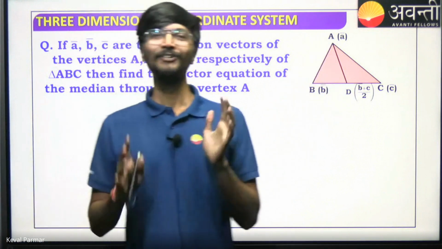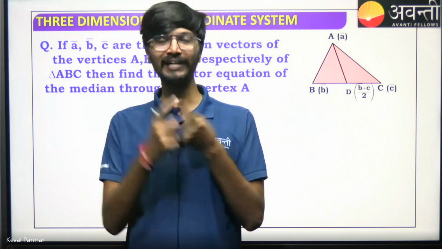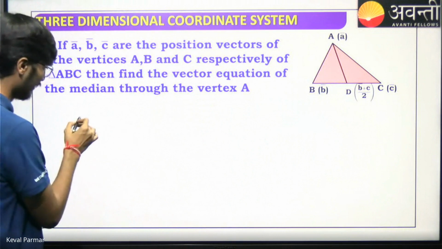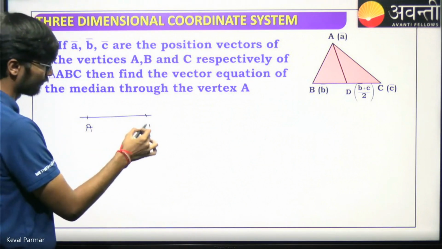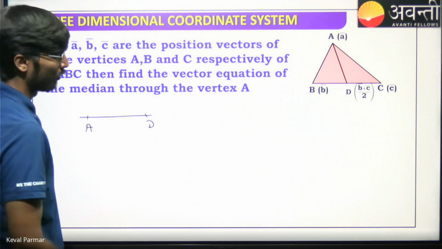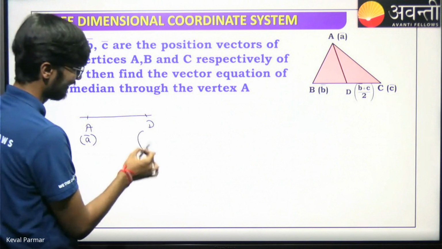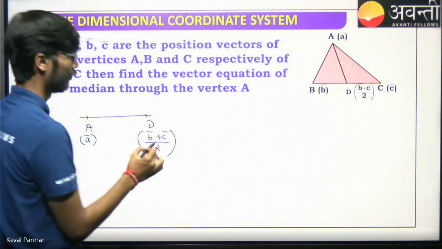Again, to find the equation of AD, we need only two things: one is a point and the second is the DRS. Let me draw the segment AD separately, where this is point A and this is point D. The position vector of A is A vector, and D is B vector plus C vector upon 2.